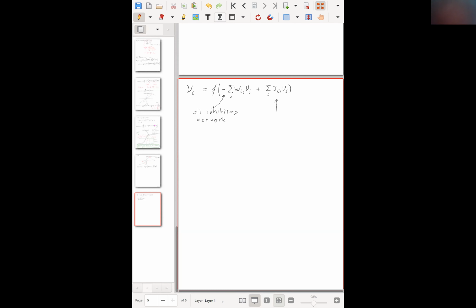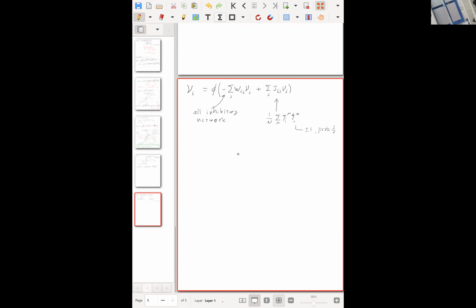So now Jij is, as usual, 1 over n, the sum on mu of eta i mu, eta j mu. And these are again plus or minus 1 with probability 1/2.